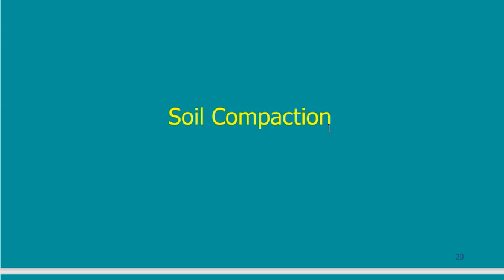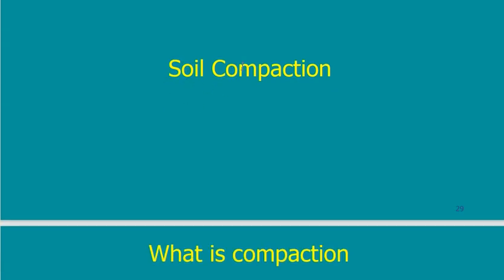Nothing, because the sponge is already settled. So if I remove this load on top of the sponge and put another load, even if it is a little bit higher, the sponge has already settled most of the settlement, so the remaining settlement will be negligible. So this is the idea of compaction.